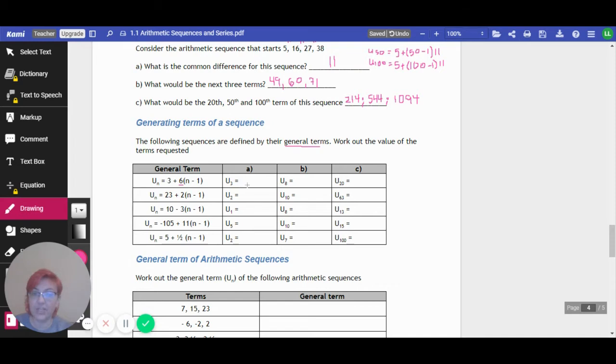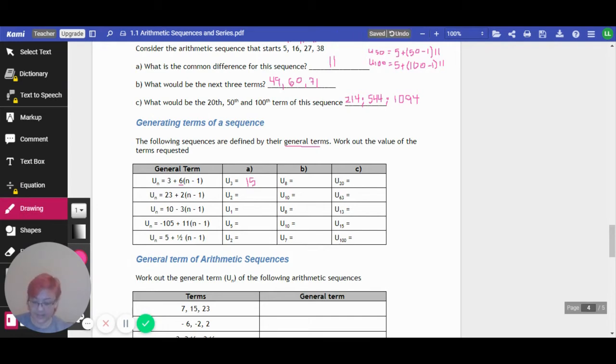So here, to find each of these, I'm simply going to plug in n to the general term. So 3 plus 6 times, my n is 3, minus 1. I find that the third term of this sequence is 15. What about the eighth term?